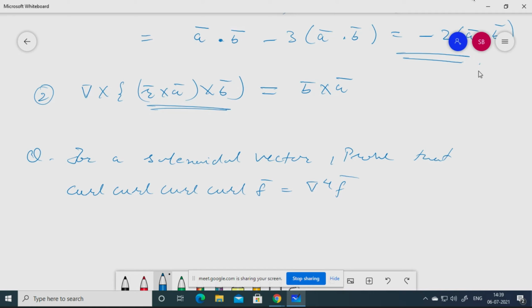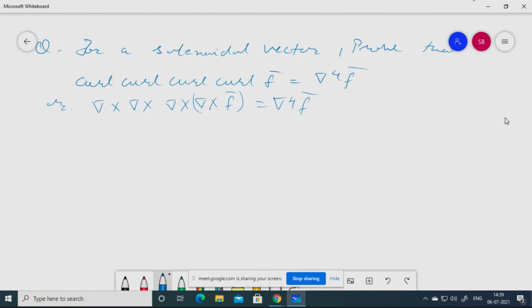This is what you need to prove. Or in other words, del cross del cross F bar is equal to minus del square F bar. It is given that F bar is a solenoidal vector, and as you mentioned, solenoidal vector means divergence of F bar is 0. Okay.